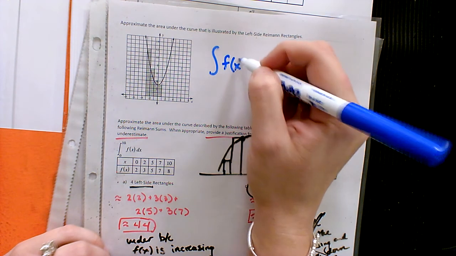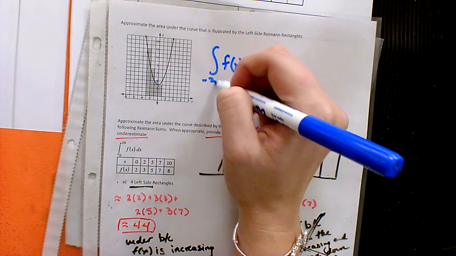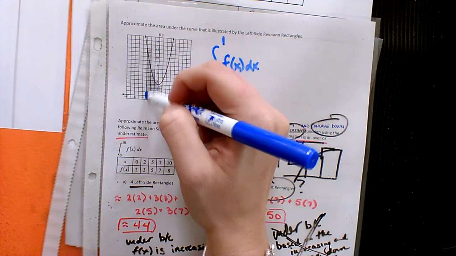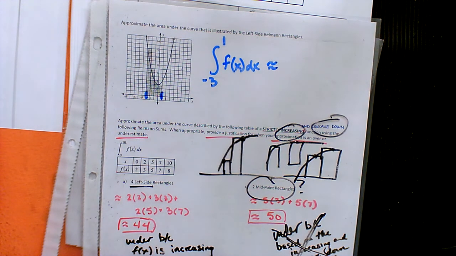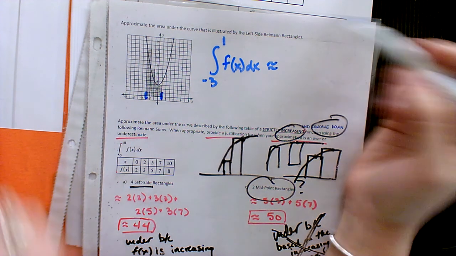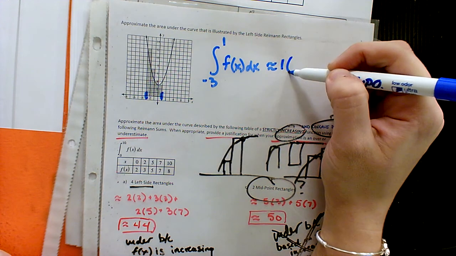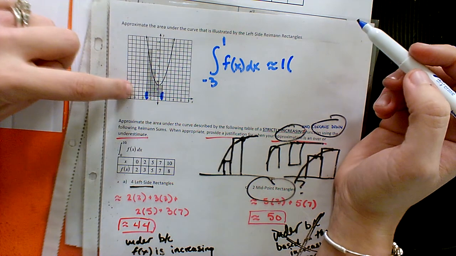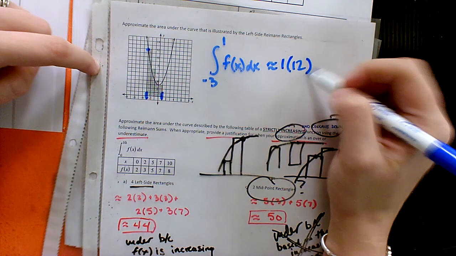The integral of f of x dx, negative 3 to 1, is approximately... they drew in the rectangles for us, so they're nice. Our base unit is 1. The height from the first rectangle is 12, using its left endpoint.